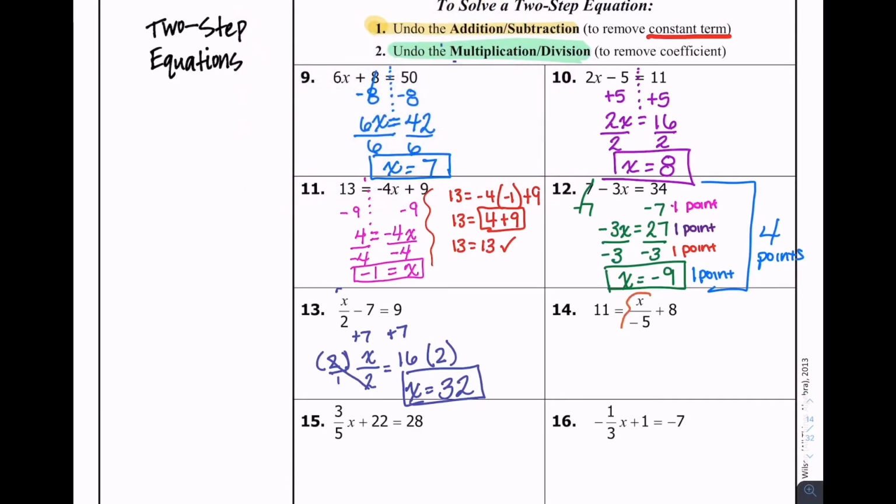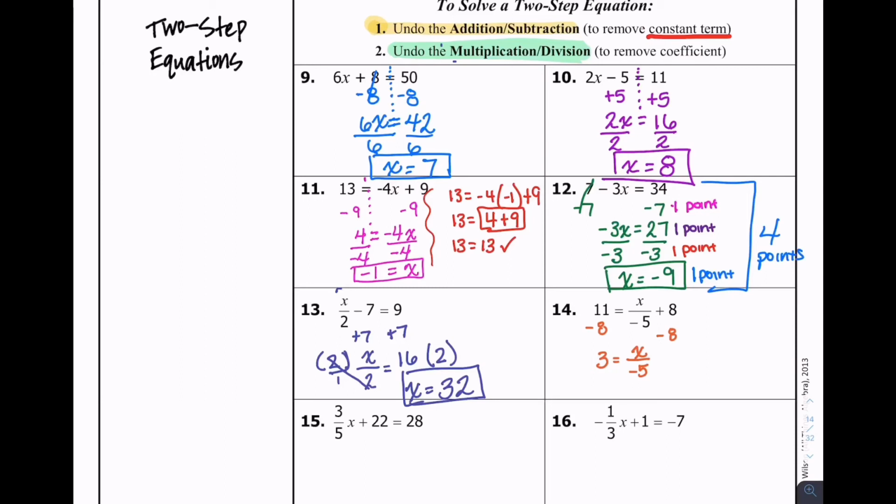So again, this is right now one term. I'm not going to touch it. I'm going to subtract 8 from both sides. That leaves me with 3 equals x divided by negative 5. Again, this is why I'm telling you to show division with a fraction bar.